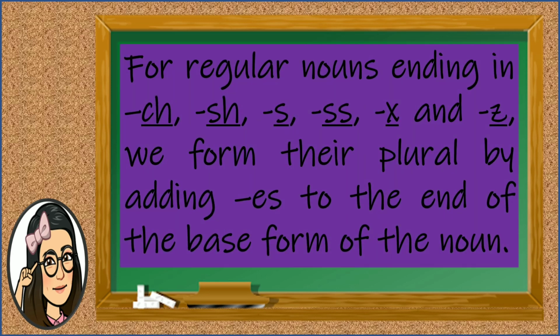Second rule is for regular nouns ending in ch, sh, s, ss, x, and z. We form their plural by adding es to the end of the base form of the noun.